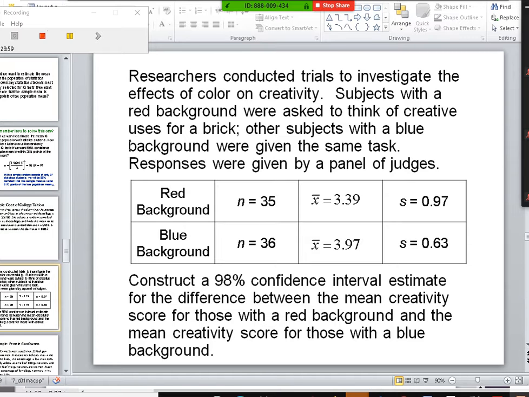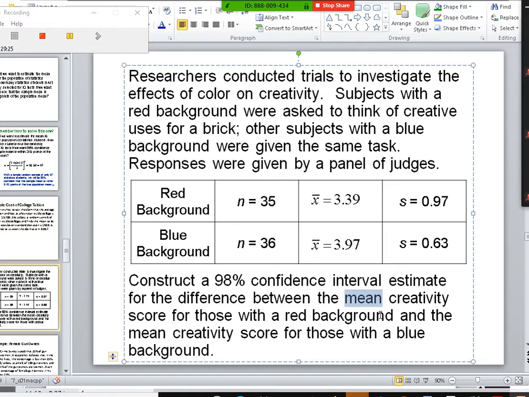Okay, guys, this is a mean or a proportion? You guys are so confused about this one. Okay, not yet. See the word mean here?